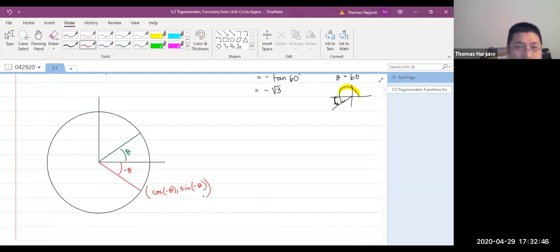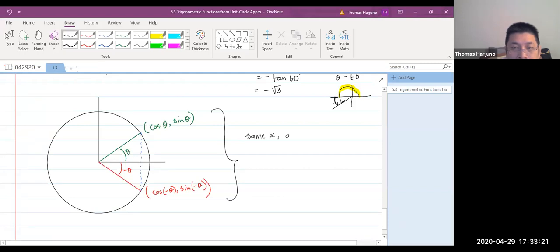But at the same time, notice that the coordinate here must have the same x value as the coordinate here. The coordinate here is cosine theta, sine theta. It must have the same x values, but the y values are opposite. So we see they have the same x, opposite y's.